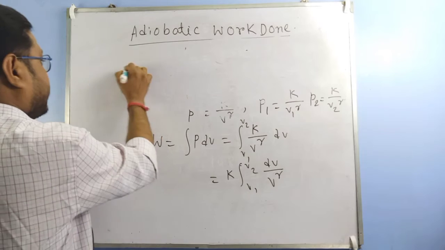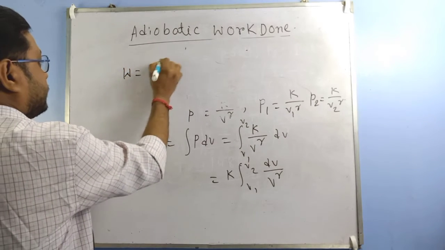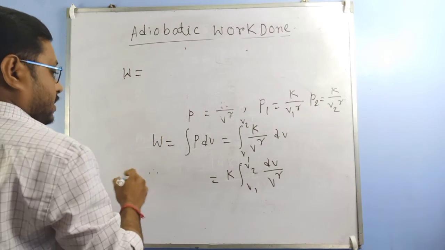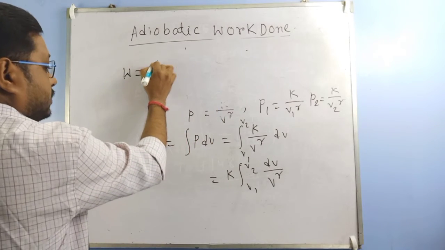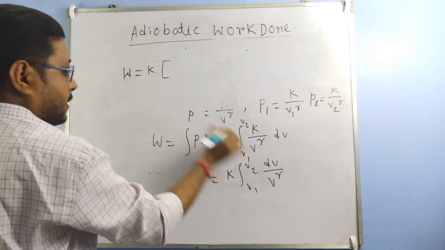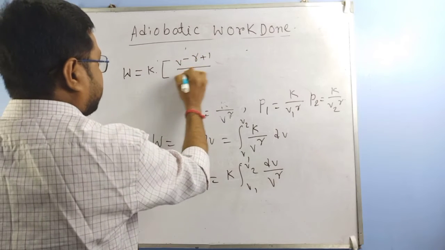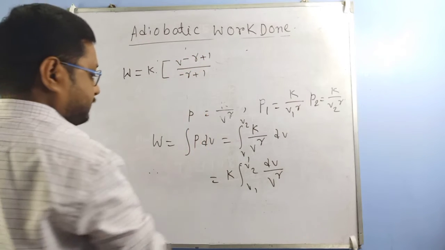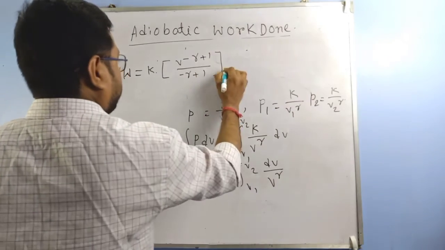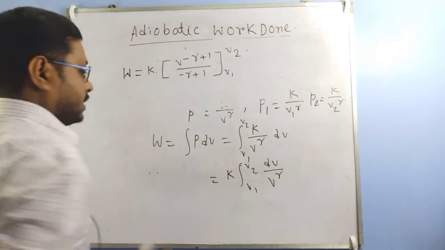So we can get work done W equal to K times V to the power minus gamma plus 1 by minus gamma plus 1, from V1 to V2.